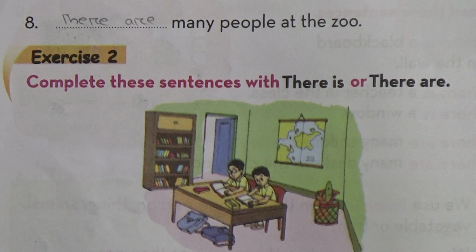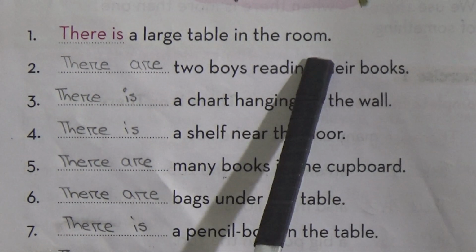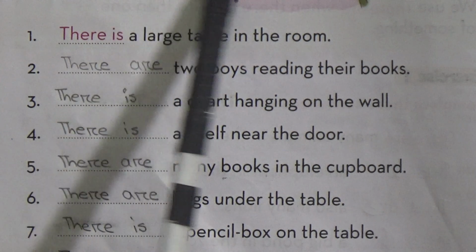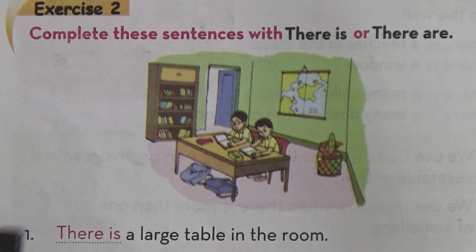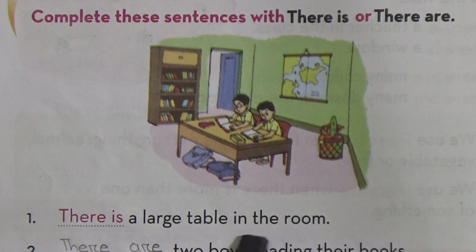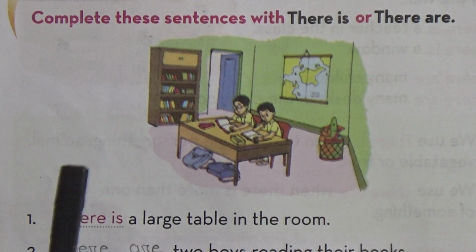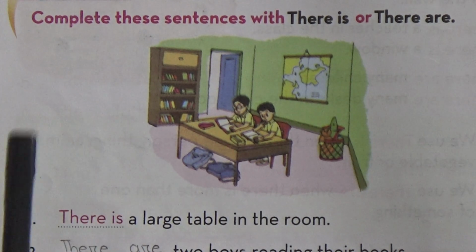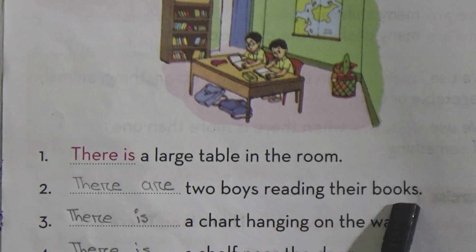And our first sentence is: there is a large table in the room. In the picture there is a large table, only one table, that's why we used here there is. Then number 2, there are two boys reading in their books.